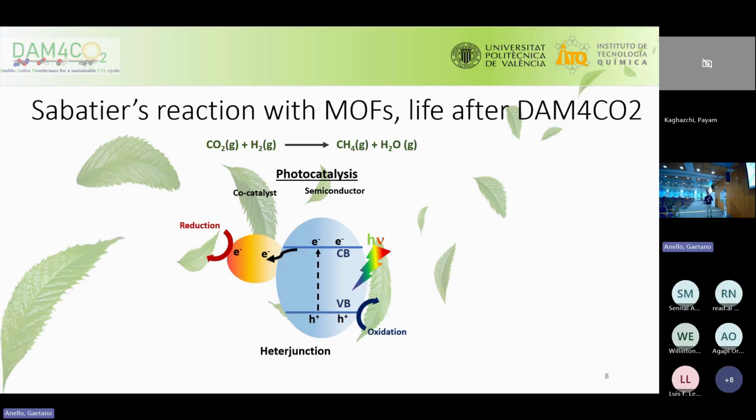They are more acting as a semiconductor. So we are creating systems similar to this one, in which the MOF is the photoactive semiconductor that is using the light for creating charges. And then we are depositing metal nanoparticles acting as a co-catalyst. In this case, it's ruthenium, sorry.